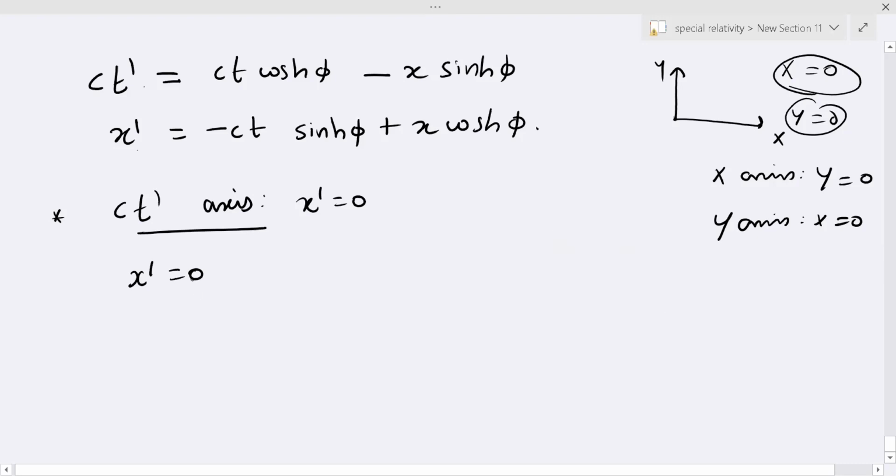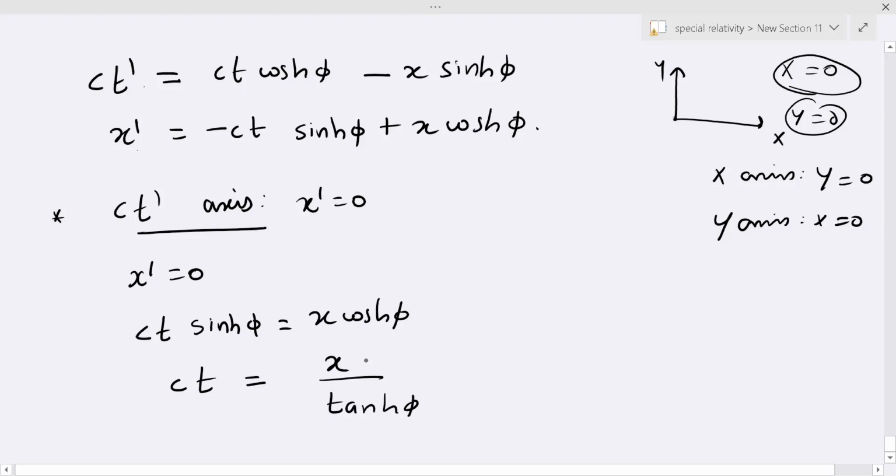You see that this corresponds to the line ct sinh phi equal to x cosh phi, or ct is equal to x by tanh phi. Or we can also write ct is equal to x coth phi. This is fine.